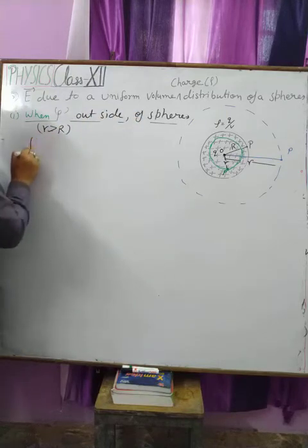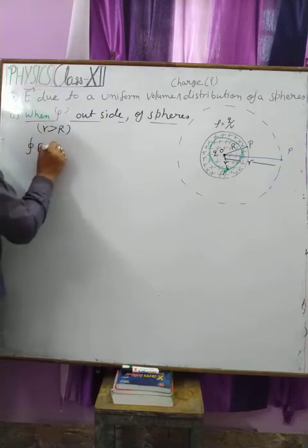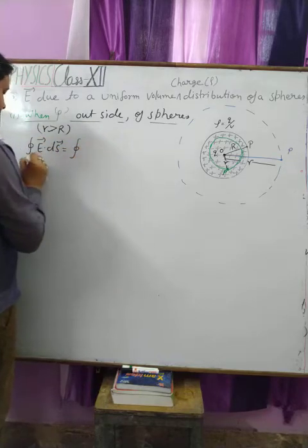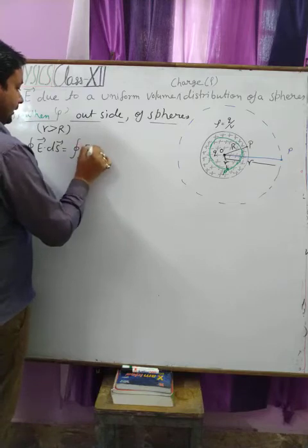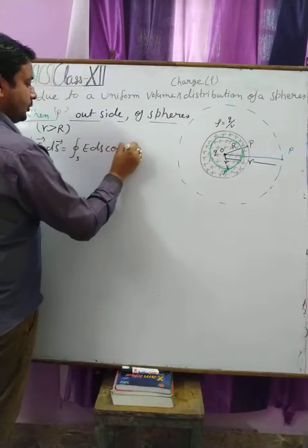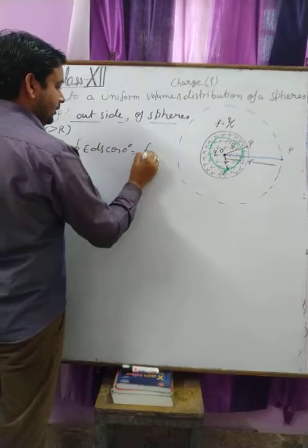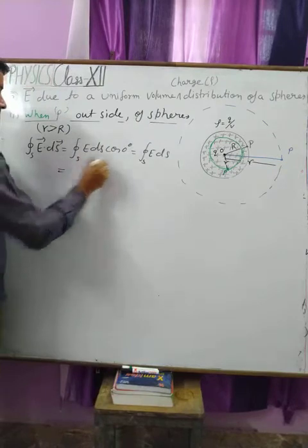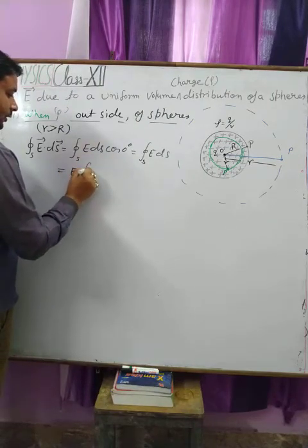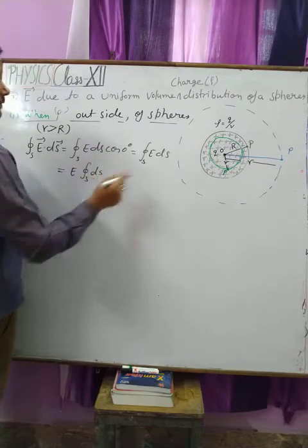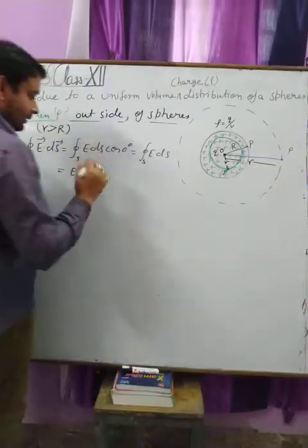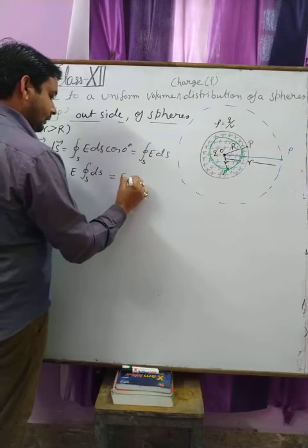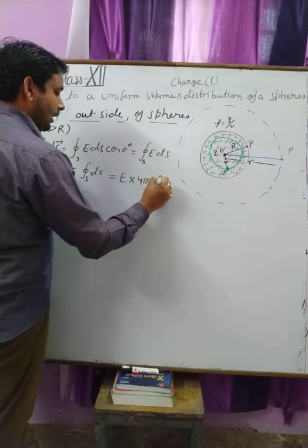The total flux passing through this surface is given by integral E dot ds, which is integral surface E ds cos 0 degree. So we get E ds, where E is constant. We get E integral ds, and because it is a spherical surface, we take this area as 4 pi small r square.